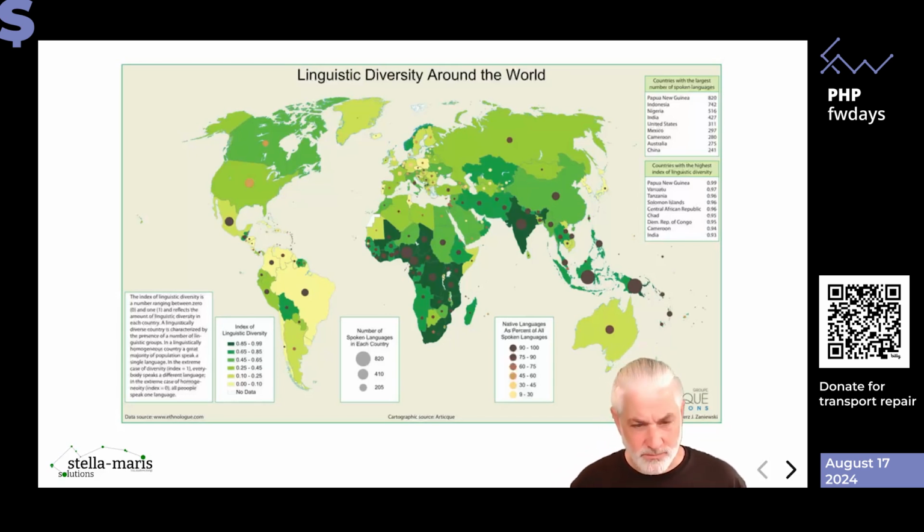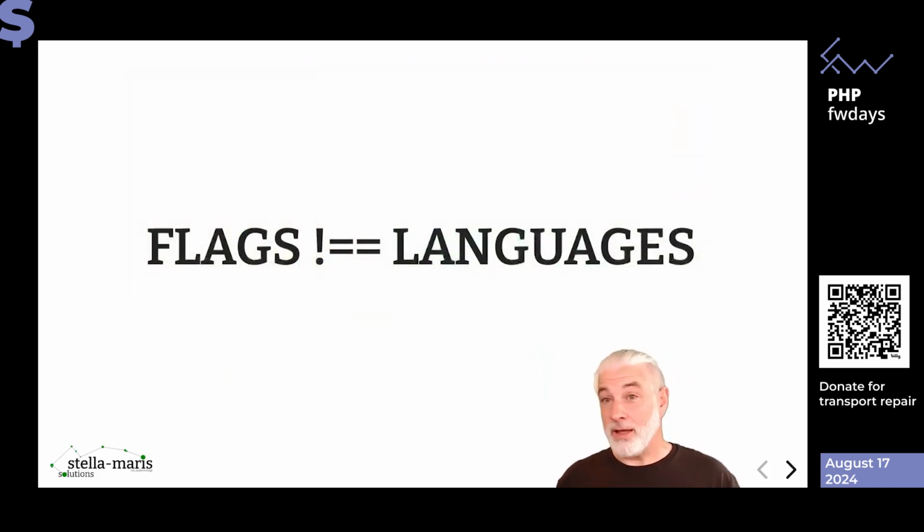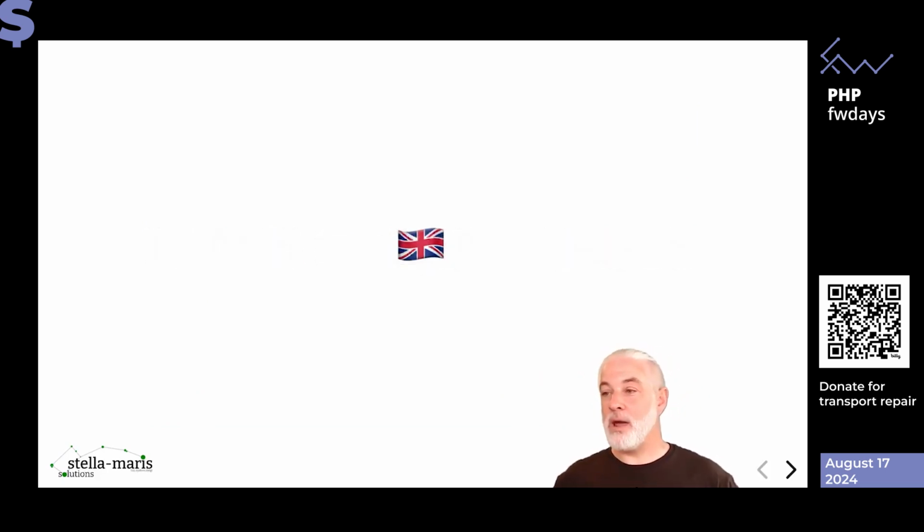Why is that important? Well, because a lot of the times, if you visit a website and they have internationalized the website, they provide you with a language chooser, which is a flag. And a flag is not a language, because a flag identifies a country. In this case, that might be easy.